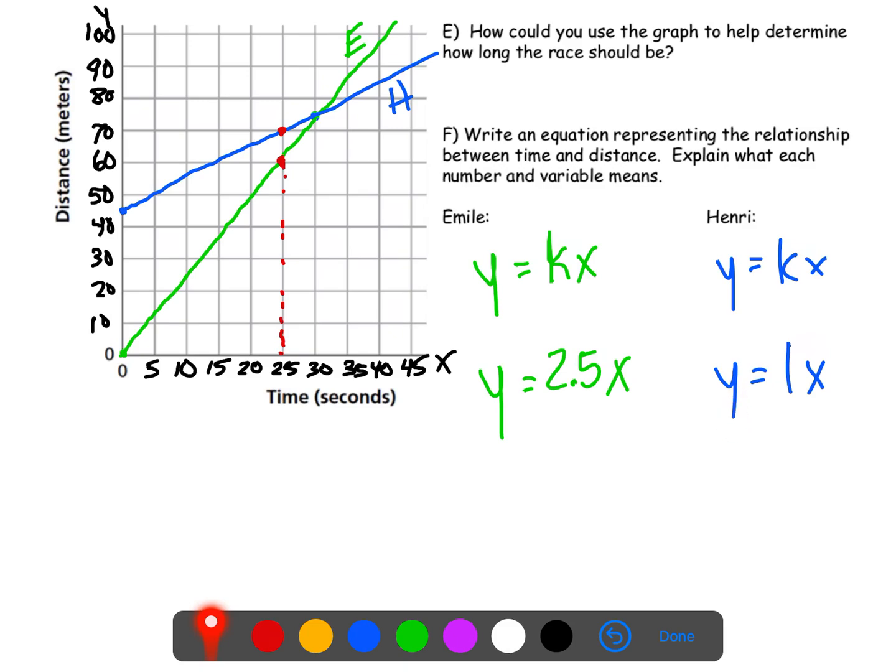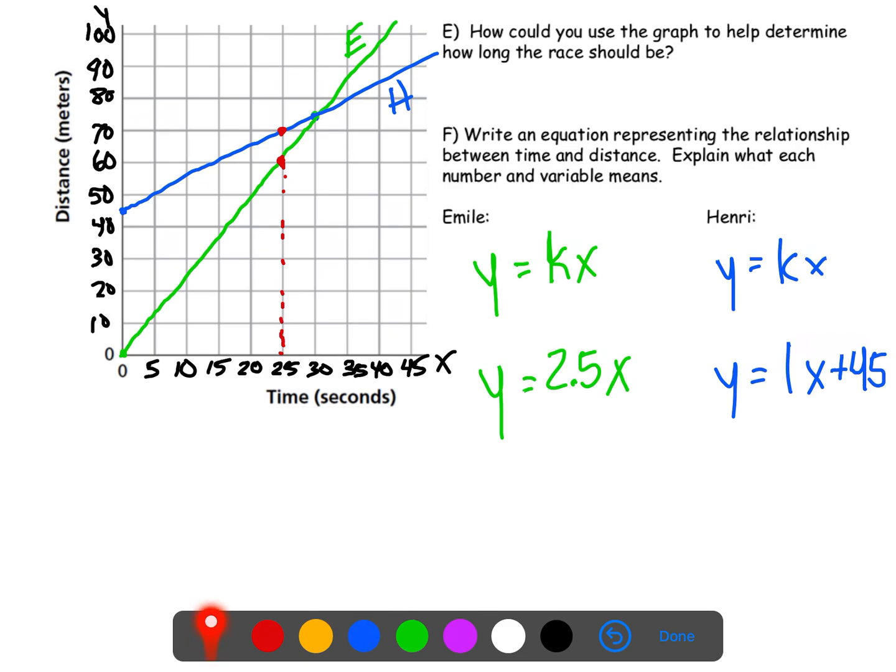And that was because Henry had a head start. He started 45 meters ahead of where Emil was starting the race. So we need to increase all of these quantities by 45 meters to get those correct distances that we had in the previous table.